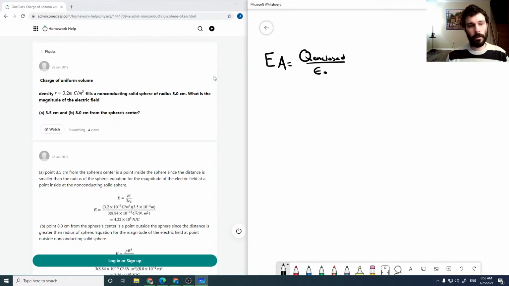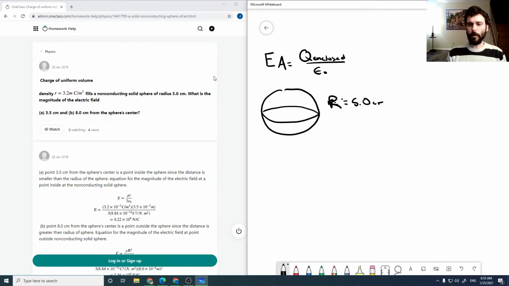Okay, so we've got a uniform sphere of radius 5.0 centimeters, and it wants to know the magnitude of the electric field at an R of 3.5 centimeters for A. So that's inside the sphere.